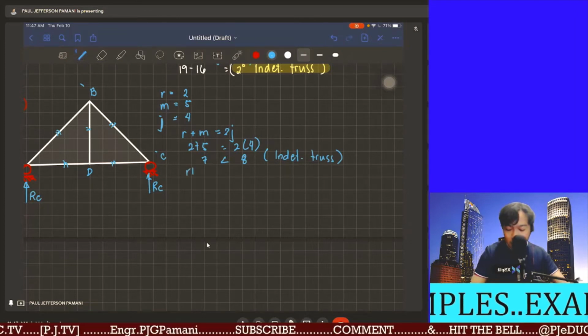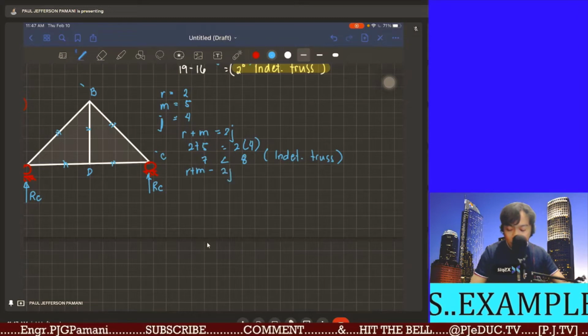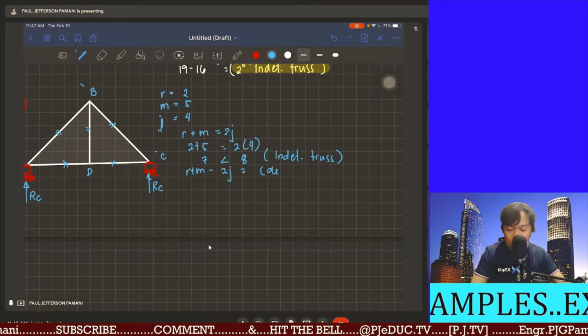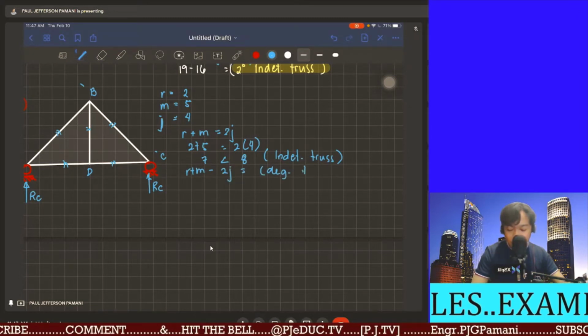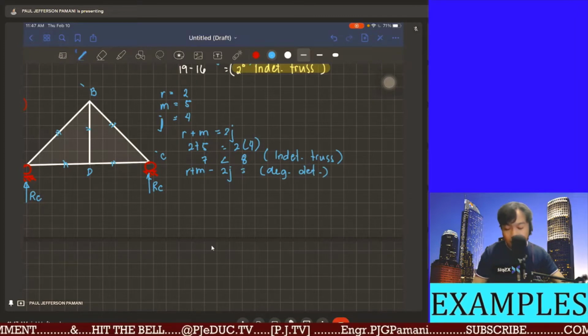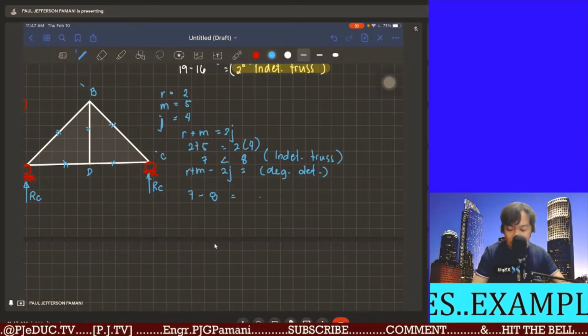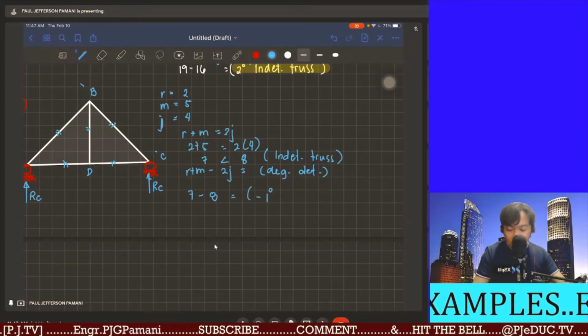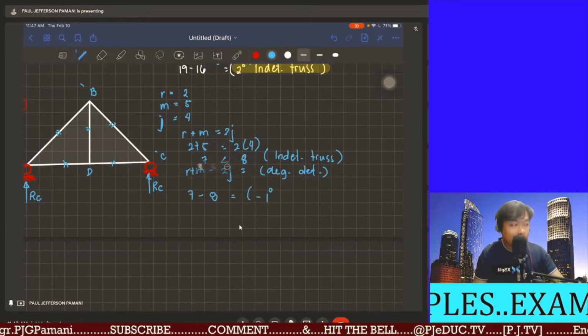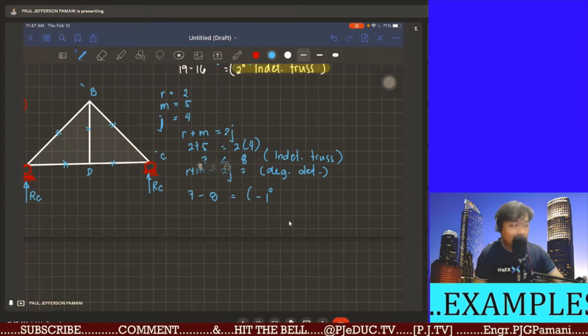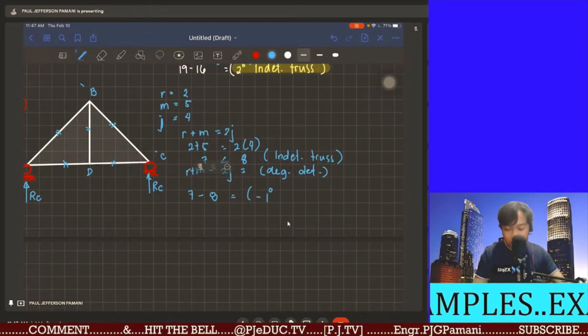R plus M minus 2J equal to the degree of indeterminacy or the degree of determinacy. That is 7 minus 8, which is basically negative 1 degree. Pag negative yung degree of indeterminacy natin, ano ang condition?